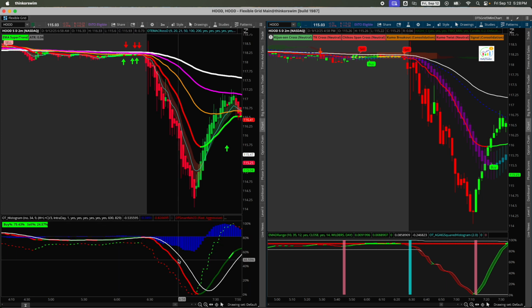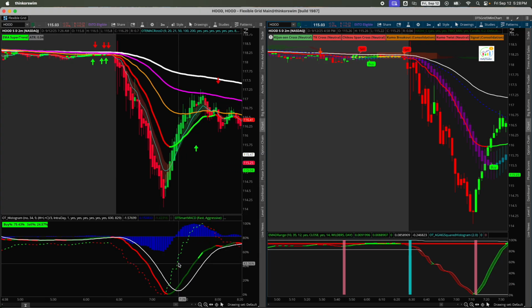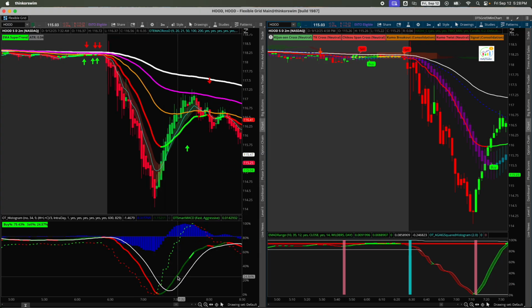The histogram actually uses two lines. One is the white line, another is the red line. This line changes over time based on the momentum and the supply-demand pressure. When the red line comes below the white line, or the green line comes above the white line, I'll talk about that shortly in this video.